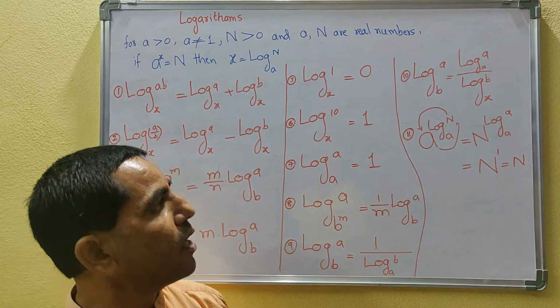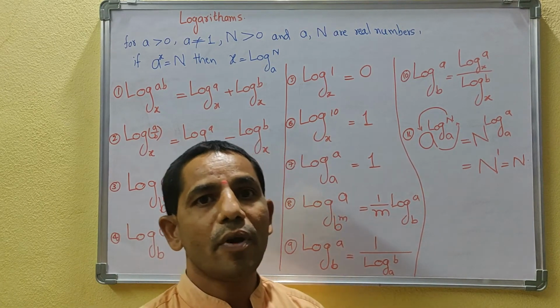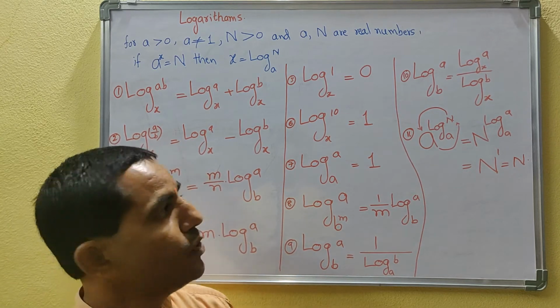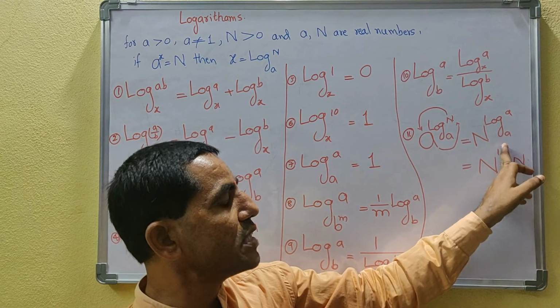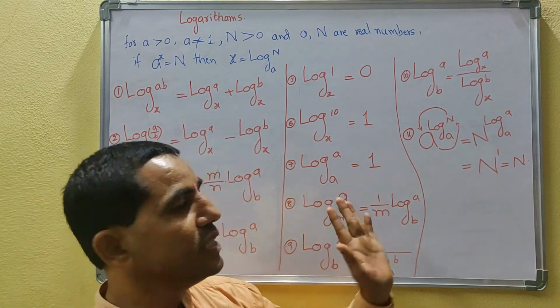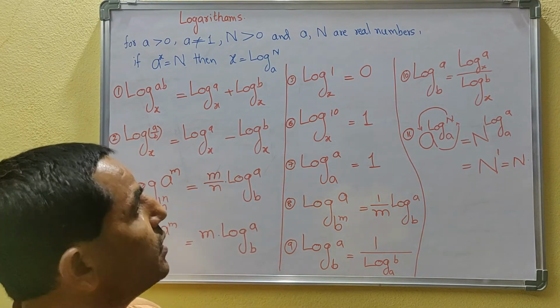Next, a to the power of log n to the base a is equal to n to the power of log a base a. Log a base a value is 1, so it is n to the power of 1, simply n. These are the very important formulas in the logarithm topic.